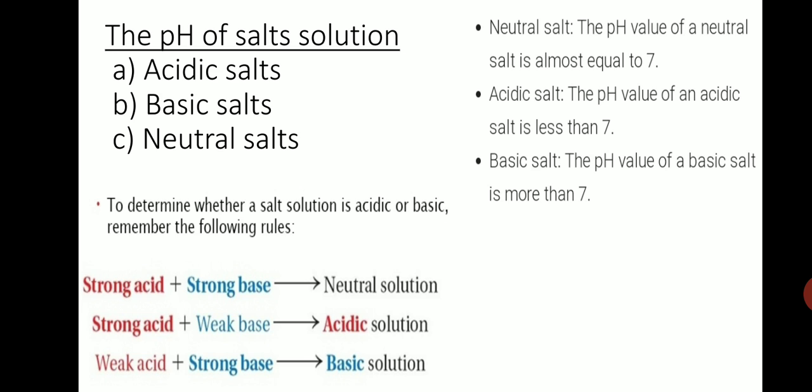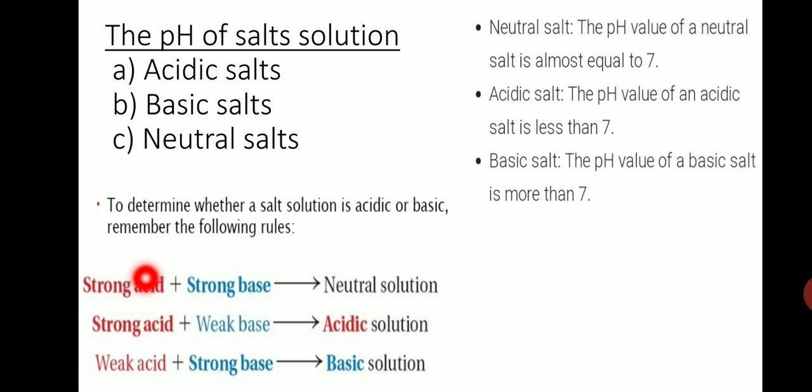As I have mentioned, when an acid and base react together, it forms salts. It neutralizes their effect, acidic character and basic character. What is the reaction between acid and base called? Neutralization reaction. So when an acid and base react together, it forms salts, and its acidic property and basic property are neutralized.